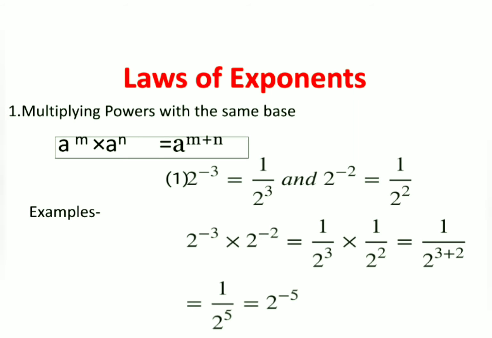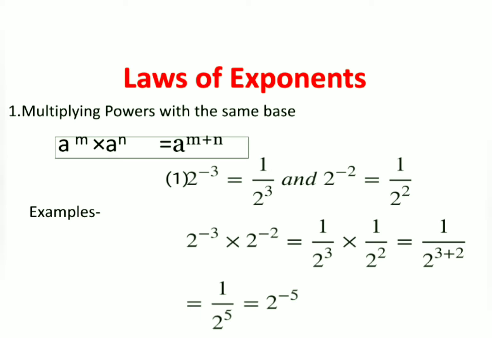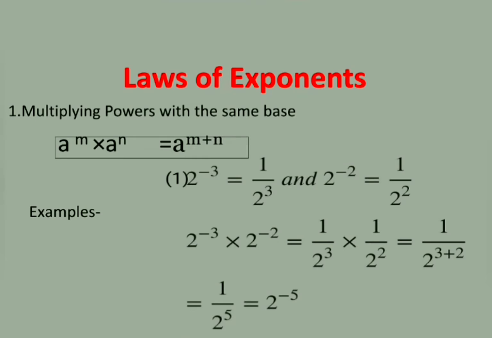In other words, when we multiply two exponential numbers having the same base, in the final result the base remains the same, but the powers or exponents get added.